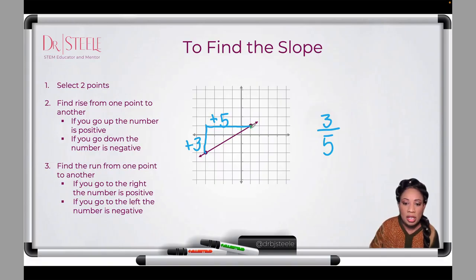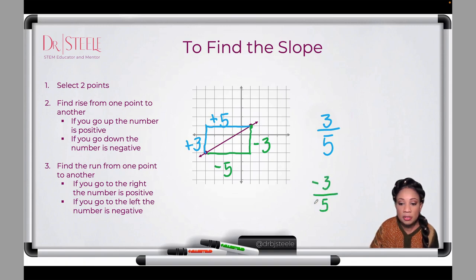So let's say we start at this point, and I'm going to go down 1, 2, 3. Again, I went down, so that's -3. And then I would go to the left, 5. So that'd be -5. So we would have -3 over -5, which is going to be the same thing as 3/5.